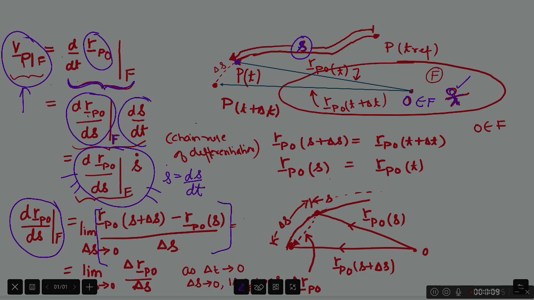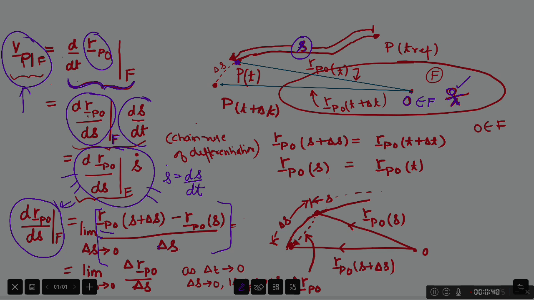As delta S goes to 0, we need to find the difference between the position vectors at two locations on the trajectory, and we divide it by the small increment in S, and when delta S goes to 0, we will get this quantity of interest.